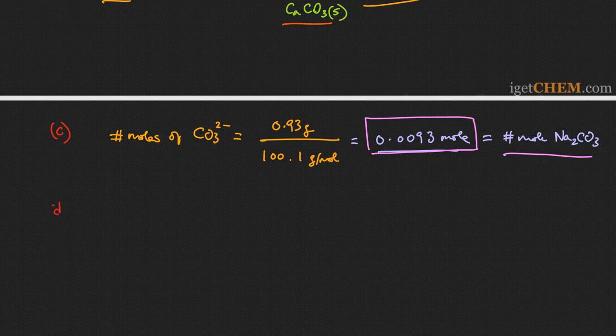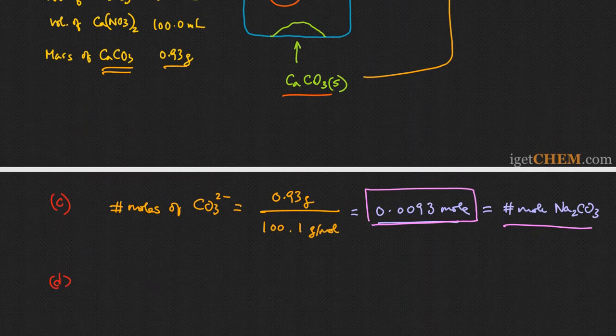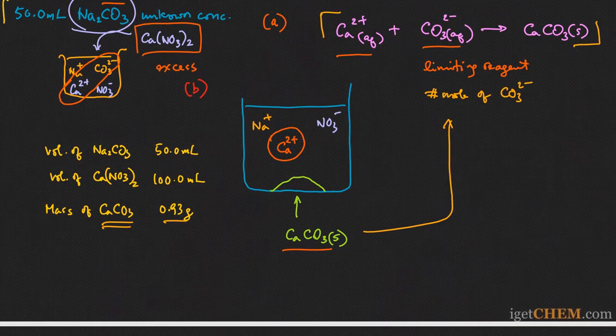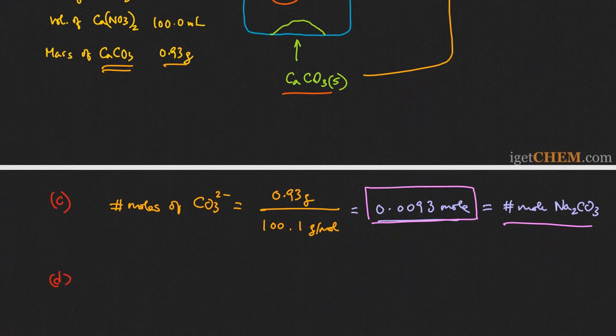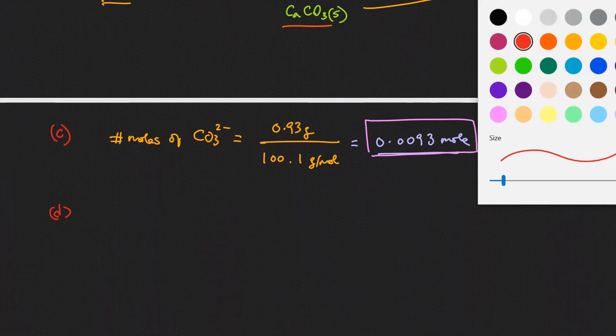Now part D asks, if the precipitate that was filtered out has not been dried completely, how would that affect the result of the calculation? Will the number of moles that you get for the Na2CO3 be too high or too low? So clearly, let me write that down.